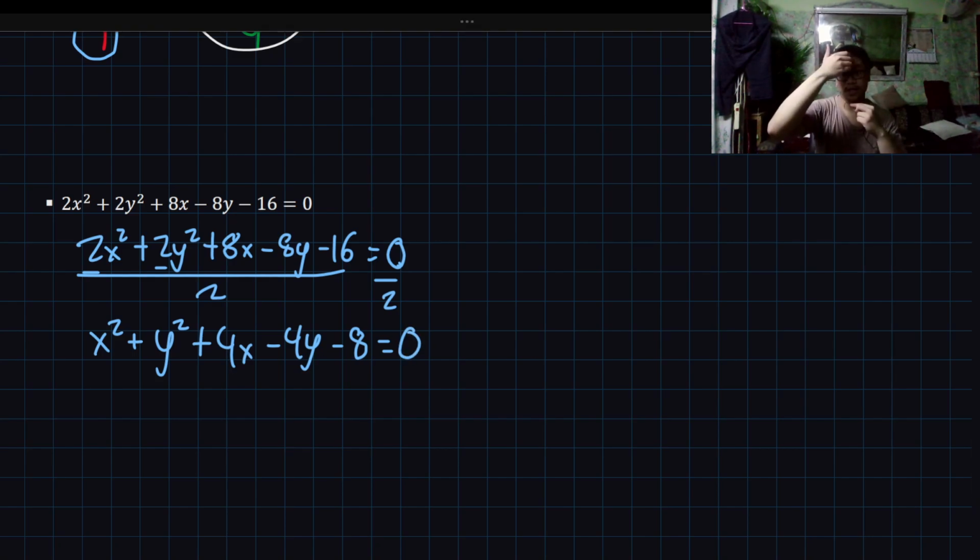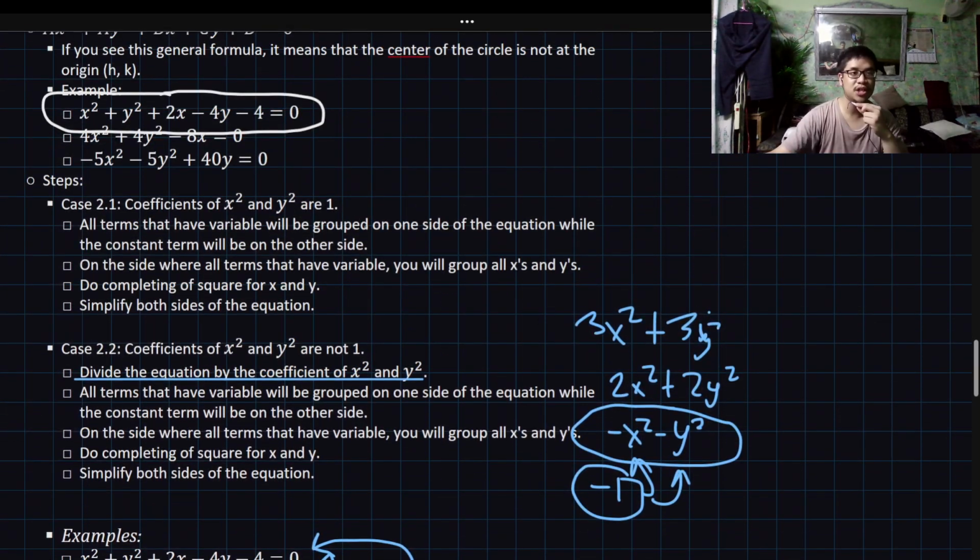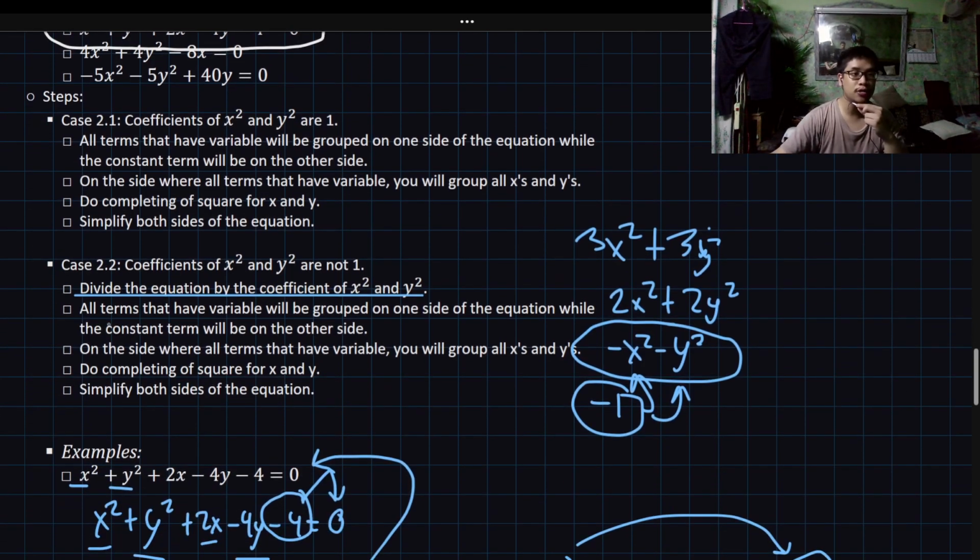All right? So, what's next? Now, we proceed to the next step. The next step is just the first step of case 2.1, which is all terms that have variables will be grouped on one side of the equation while the constant term will be on the other side.